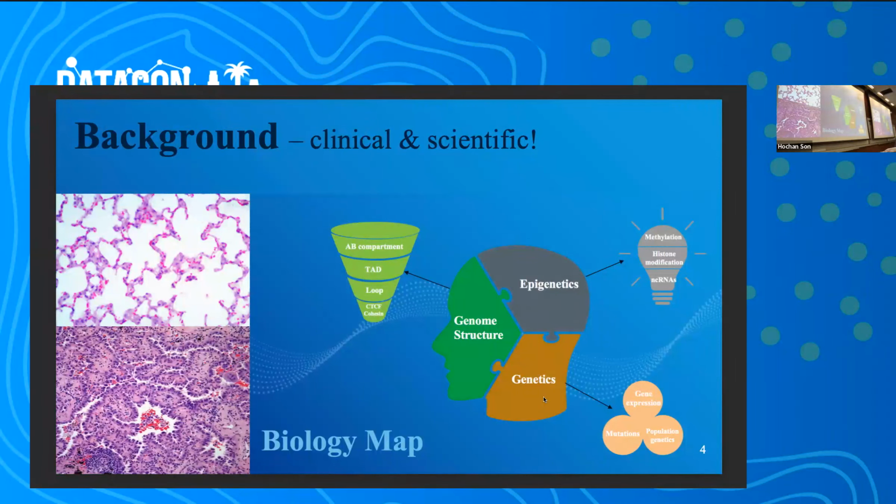To start building a model, I need some clinical information and scientific background. Those are essential to guide the whole project. On the left side are pathological slides for the cancer patient: these are pathological slides for the normal lung tissue, and these are for the cancerous lung tissue.